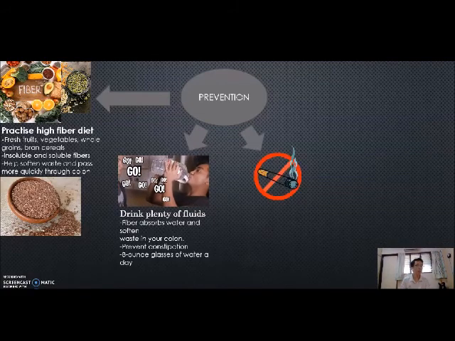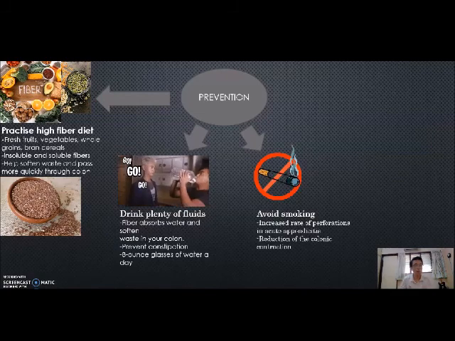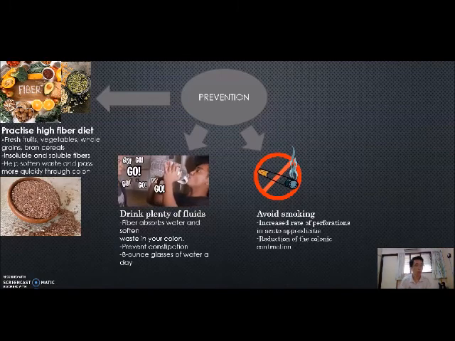For the third prevention, we should never ever smoke. This is because in an experiment done among 2,000 participants, 1,200 of the participants with a smoking habit had a higher risk of getting diverticulitis compared to the other 800 who did not smoke and had a lesser risk of getting the disease.